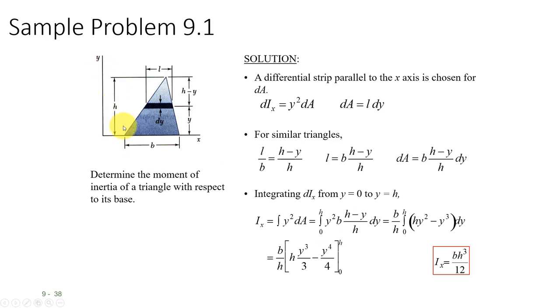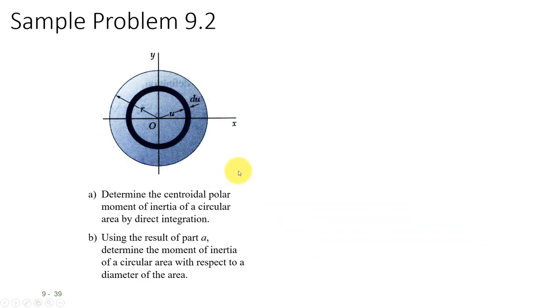So here's y going from 0 to h. And cranking through those limits, you get 1/12 bh cubed for your inertia around the x-axis. So there's one example of sometimes you have to be a little bit clever in defining your element with respect to something that you can use to actually crank through that integration.